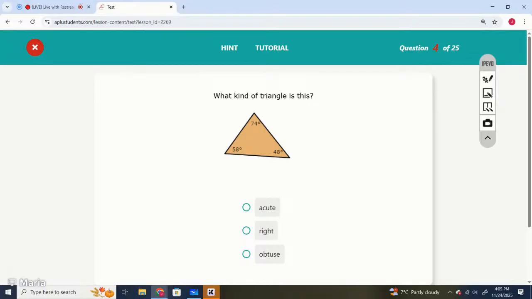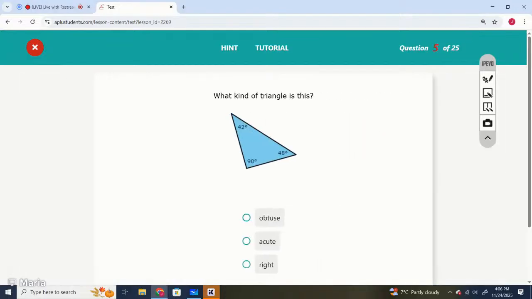What kind of triangle is this? All the angles are less than 90 degrees, so that is the acute triangle. Option number 1 is the correct option. What kind of triangle is this?